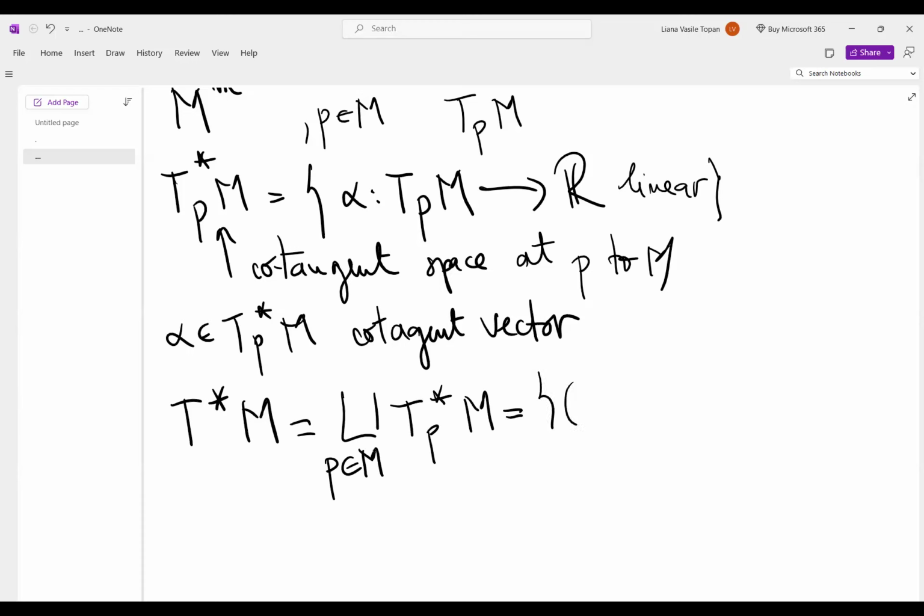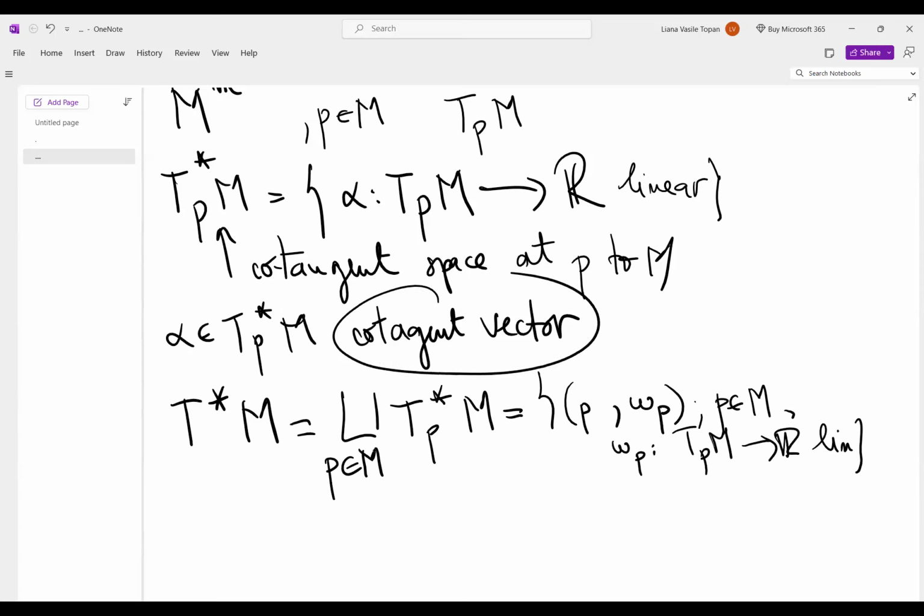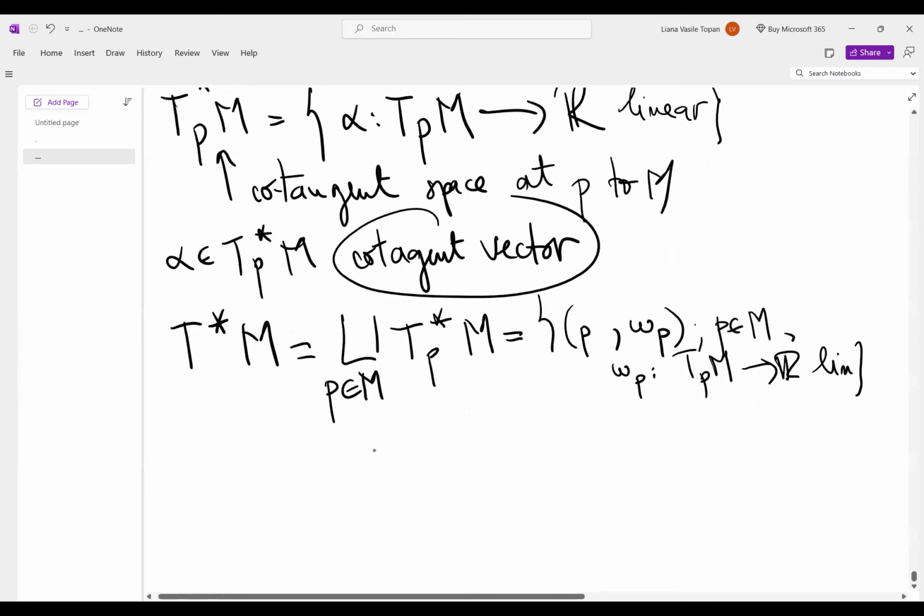You take every cotangent vector at P together with the origin P, just to show that we have a disjoint union, where P is in M and WP is a linear map defined on the tangent space. All right, so what is a cotangent vector? That's simply a linear map defined on the tangent space at a point to the manifold with real values.